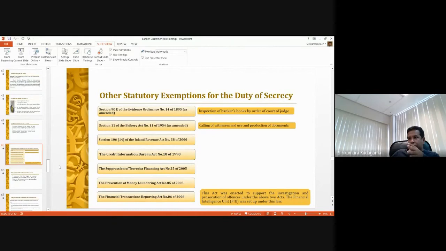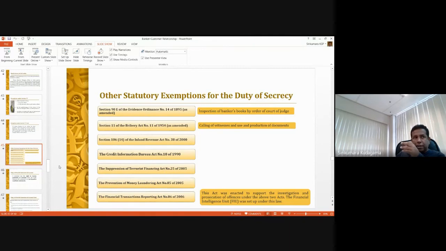How do they work? Will Tournier's principles apply in Sri Lanka, or will the provisions of the Banking Act apply? Some people say Tournier's case is general common law that has been replaced by the provisions of the Banking Act, and therefore only the provisions of the Banking Act should apply.